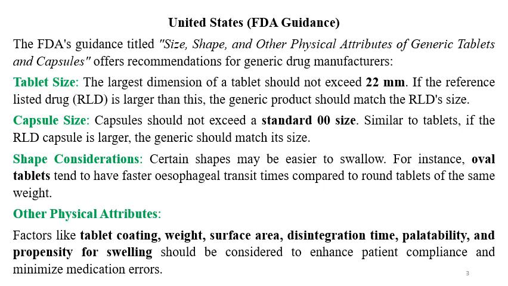Also, the largest dimension is 22 mm and it should not exceed. If the tablet is effervescent, or required to be dispersed or dissolved, then there is no such criteria. This size criteria is only for tablets which are required to be swallowed whole.